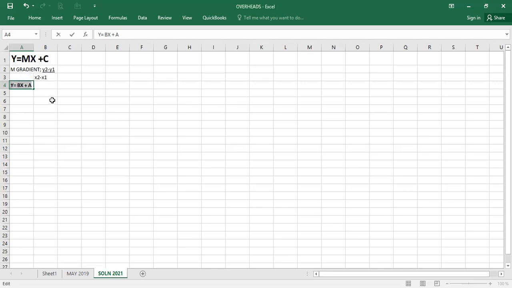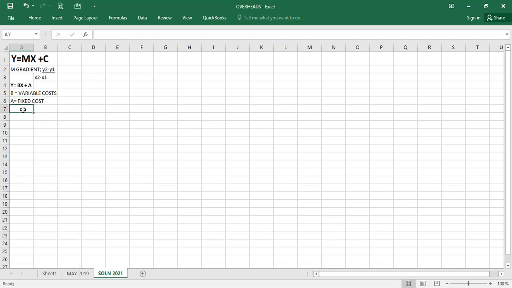Now what comes from this is that b is the one we are looking for because we don't know that one, and our b will equal the variable costs, and the a will equal the fixed costs.